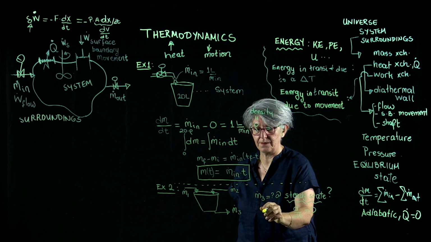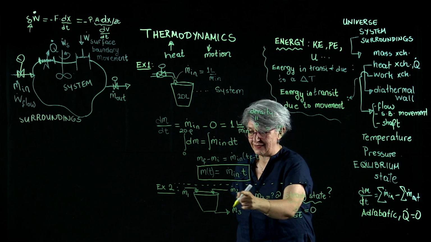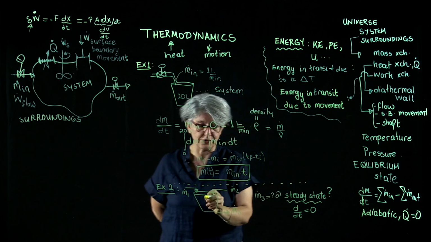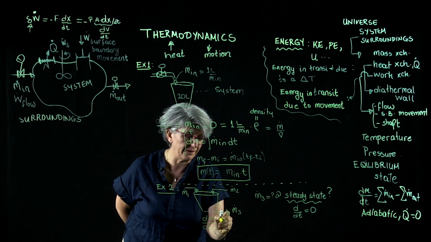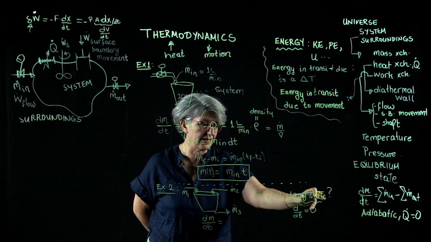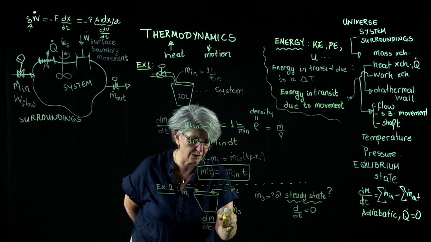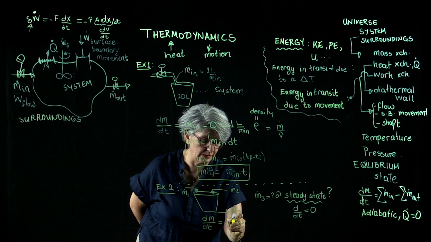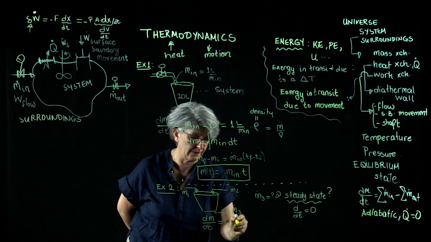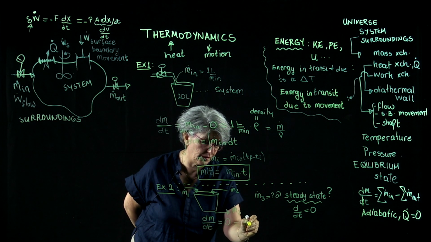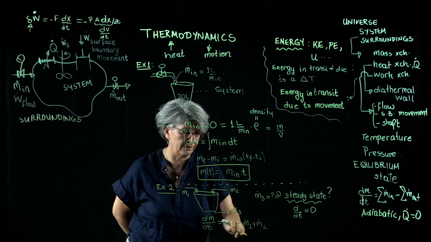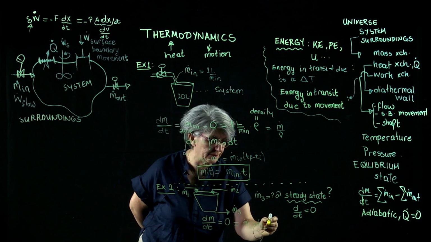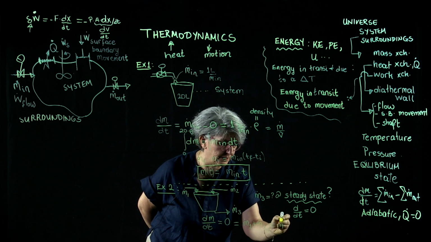There's another condition that satisfies this mathematical description. So let us write our material balance for this example. dm over dt, now we are given the condition that the system is at steady state, is equal to 0. This is equal to m dot 1 plus m dot 2 enters, minus m dot 3.